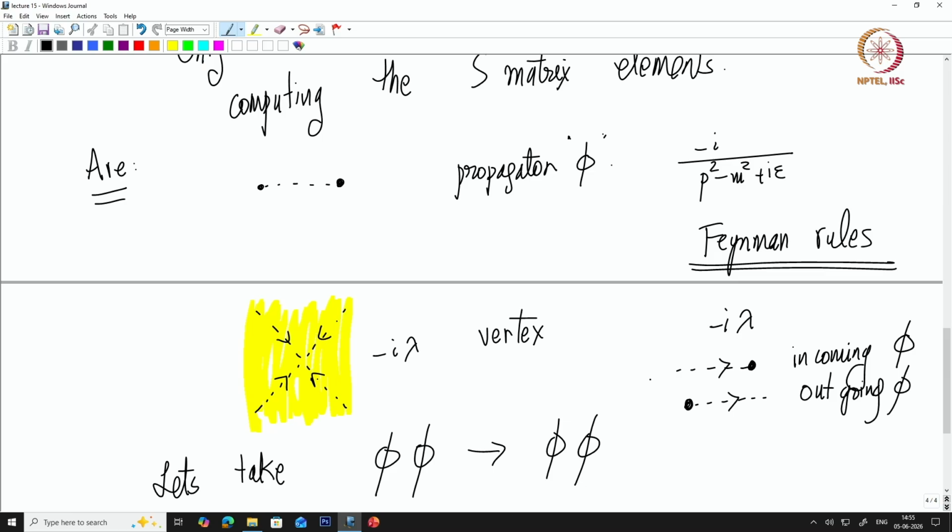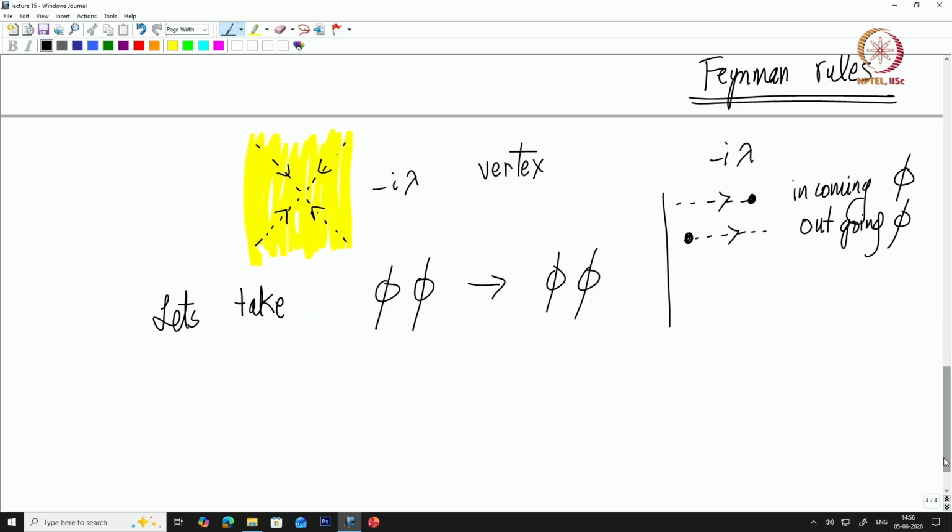So there are two more Feynman rules, propagators, vertices, and the external lines. Similarly I have an incoming phi star and an outgoing phi star. This way I will represent it with an opposite sign.